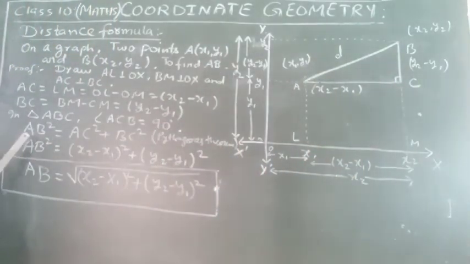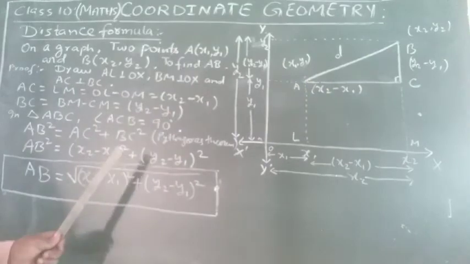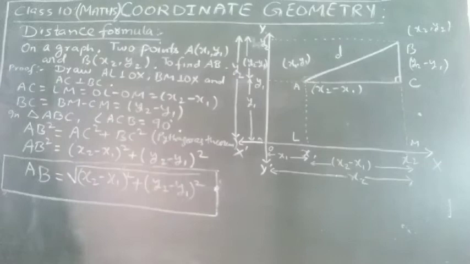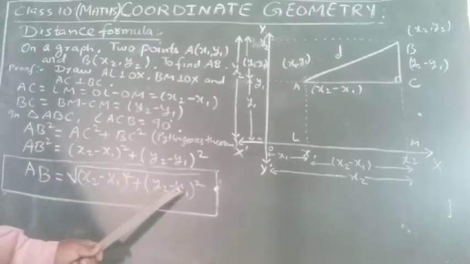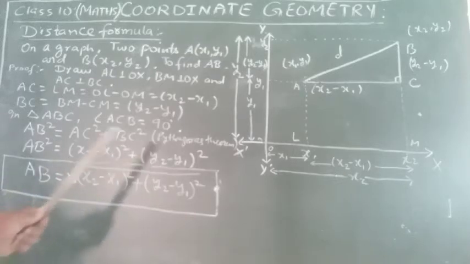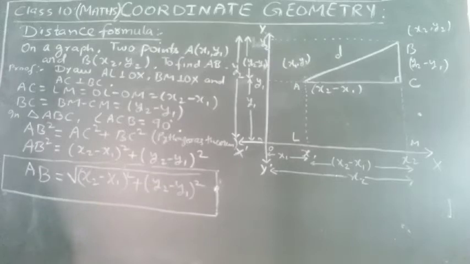So AB square equals AC square plus BC square. AC is (x2 minus x1) whole square, and BC is (y2 minus y1) whole square. This is in square form; when it goes to the other side, it is in root. So AB equals under root of (x2 minus x1) whole square plus (y2 minus y1) whole square.